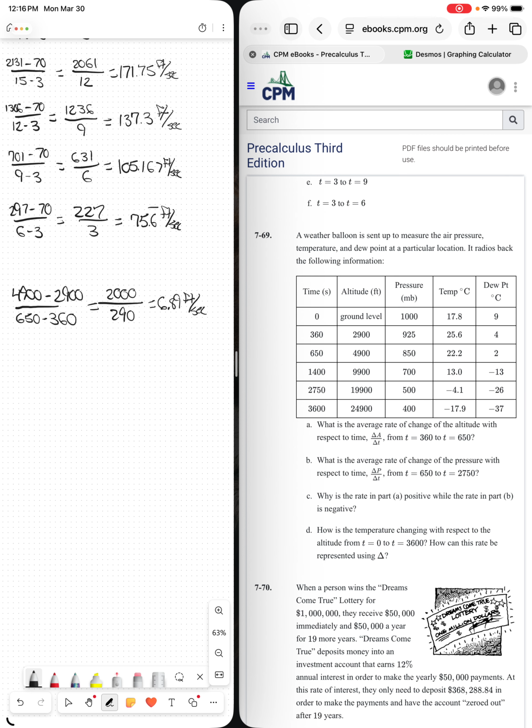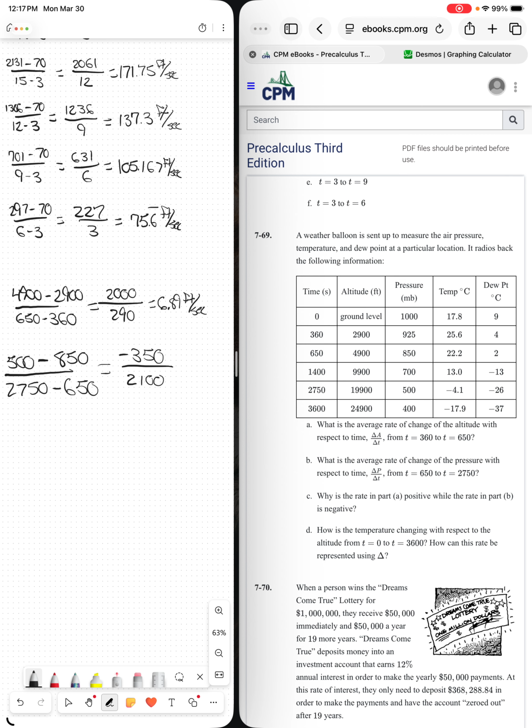Okay, what's the average rate of change of pressure with respect to time? So now we have time of 2750 minus 650, and we're talking about pressure. So the pressure at 2750 is 500. The pressure at 650 is 850. So this is going to be a negative 350 over 2100.